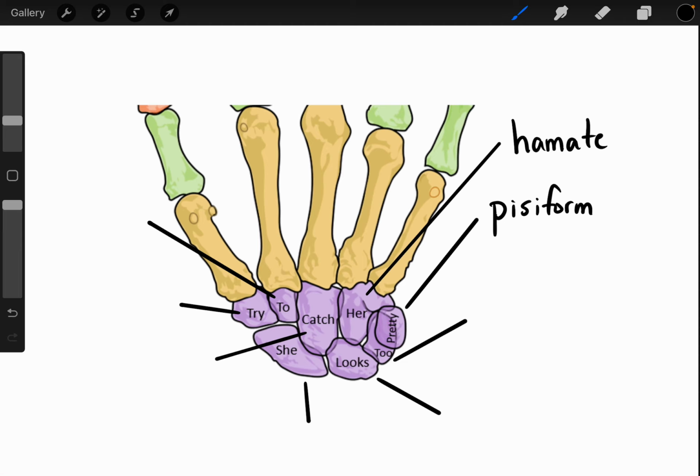The one that says two, T-O-O, is going to be called the triquetrum. The L is going to be called lunate. The S, or the she, is going to be called scaphoid. The C in the middle is going to be called capitate.